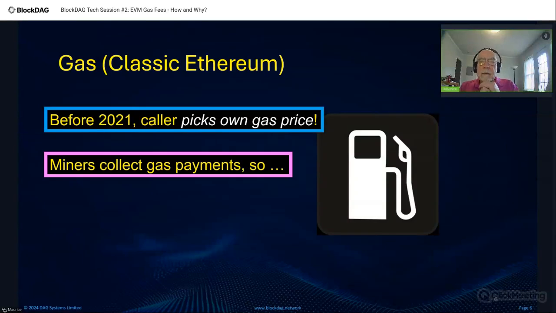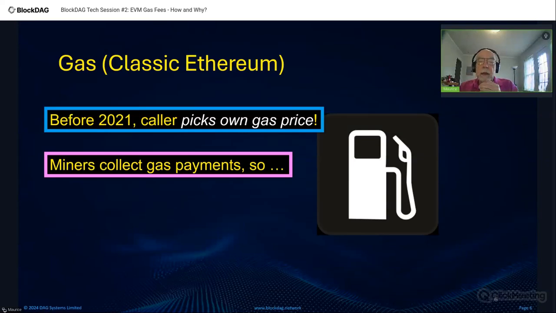Now, the significance of this is that the miners who select which transactions get on the blockchain collect those gas payments. So if I submit a transaction with 5 cents per gas unit and you submit a transaction with 10 cents per gas unit, miners everywhere are going to prefer your transaction over mine because they make more.